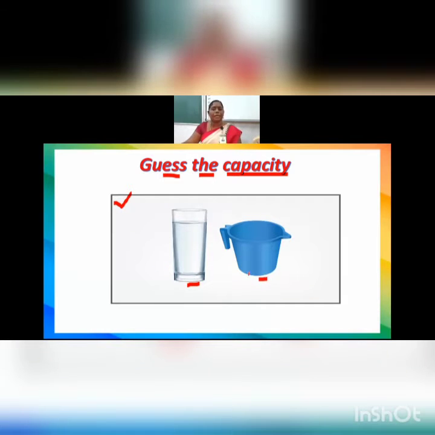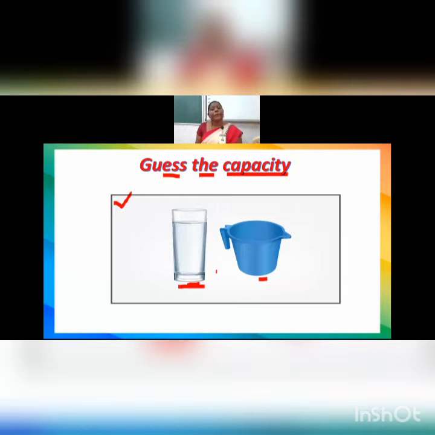Now everyone can tell me, from which container will we drink juice or water? From the glass or a mug? Yes, so we drink juice or water from a glass, right? Super, very good.